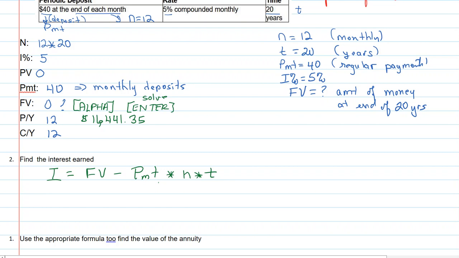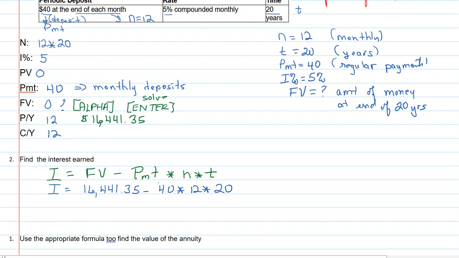So, here we go. Now let's just put in what we know. Your value is expected to be $16,441.35. We were making deposits of $40 every month for 20 years.